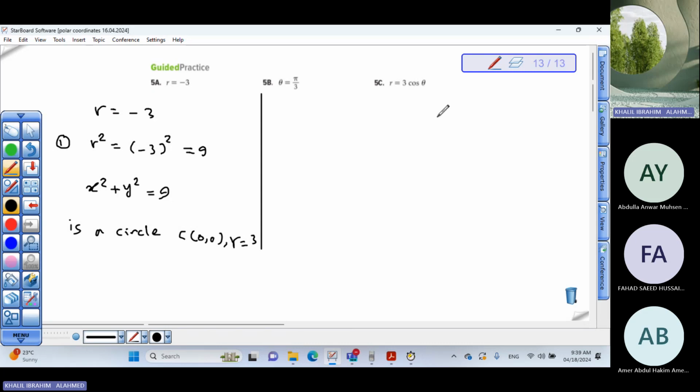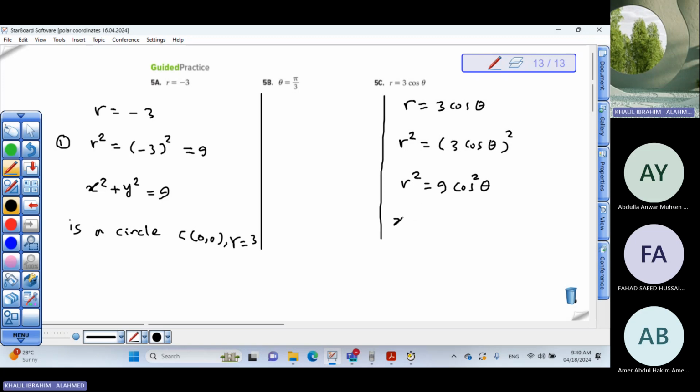Question 5b is the same as the last question I solved. Here we can write r squared equals 9 cosine squared theta. Then we can replace in the same way. Here r equals 3 cosine theta. So r squared equals (3 cosine theta) squared, which is 9 cosine squared theta.